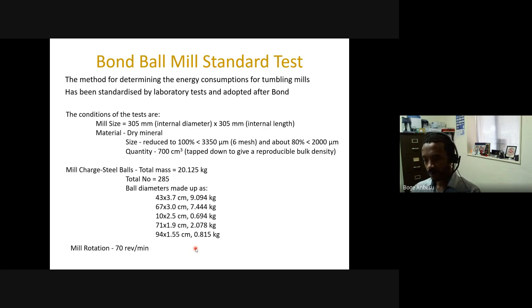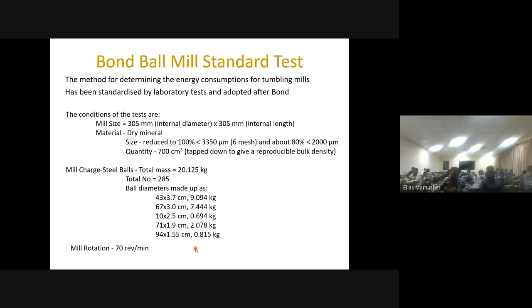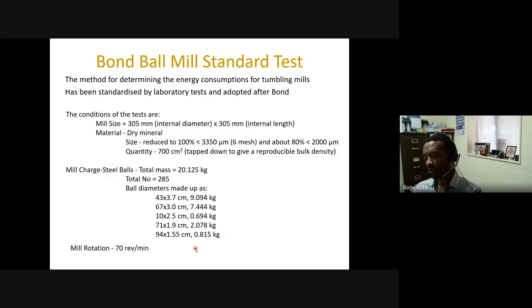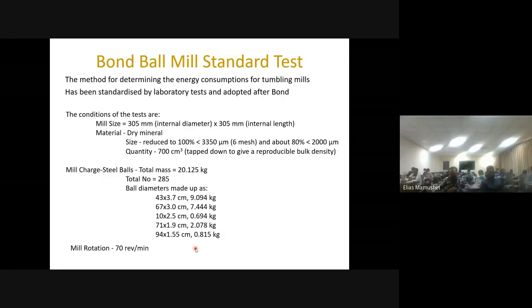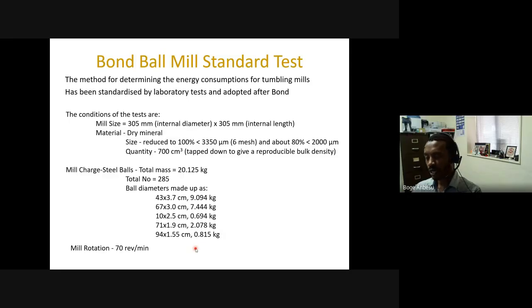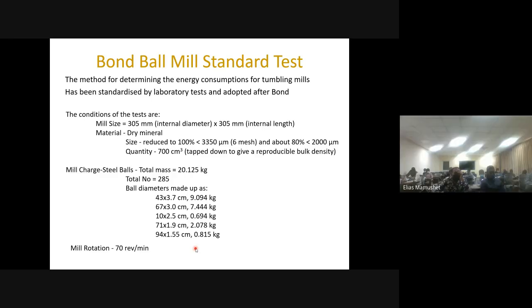Whatever is smaller than 180 micron will be my product. Whatever is more than 180 micron, I'm going to put back in the mill and grind again, and again put through a screen. Whatever is less than 180 micron is my product, and whatever is above will be ground again.